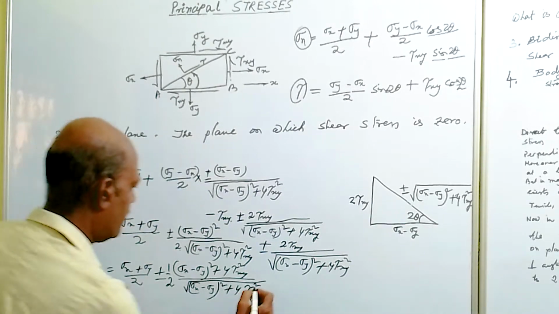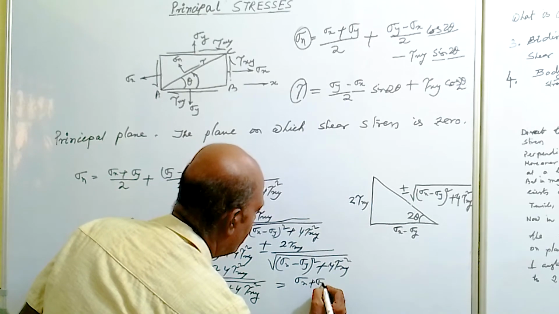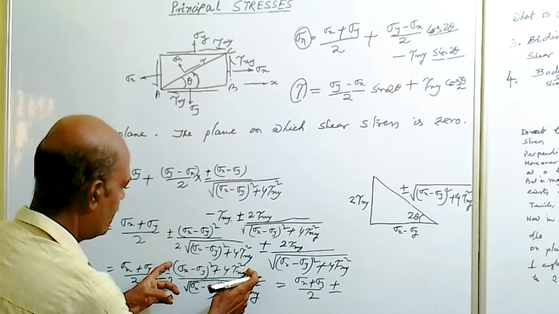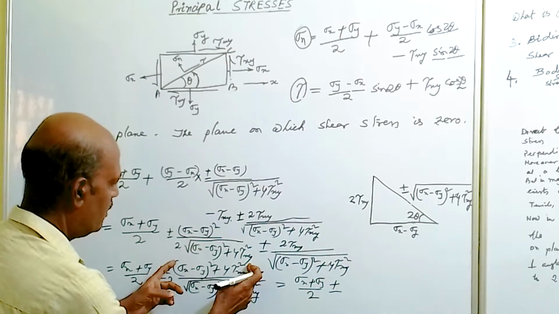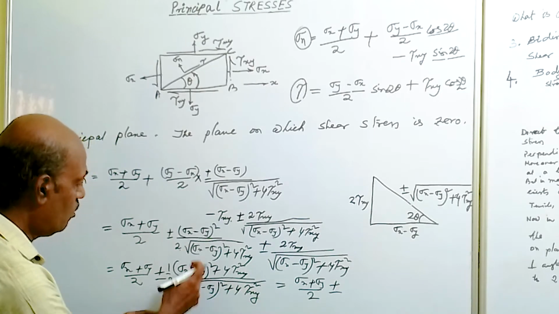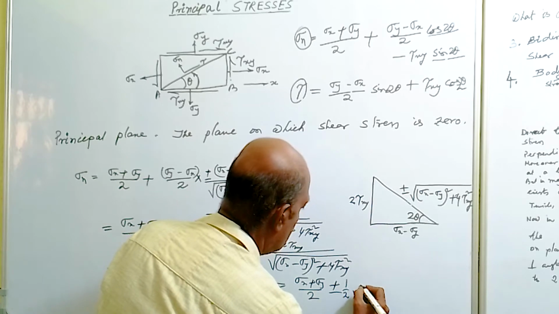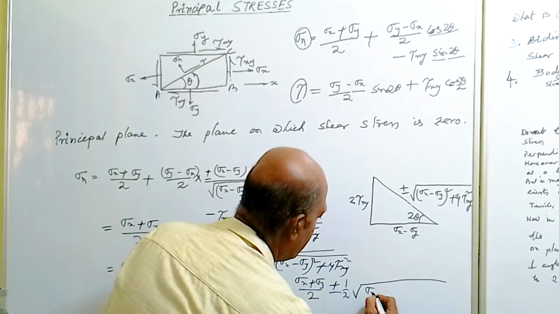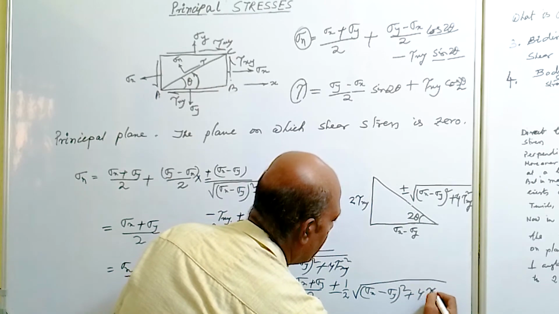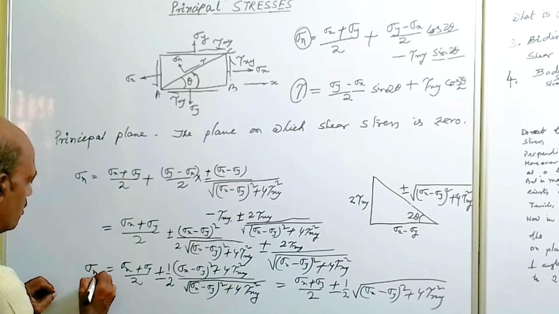And further simplification gives sigma x plus sigma y by 2 plus minus. So you can see, if this becomes a, this is square root a. The numerator becomes a, then the denominator is square root of a. So we can write plus minus half root over of sigma x minus sigma y whole square plus 4 tau square xy. So this is the value of sigma n we have got.